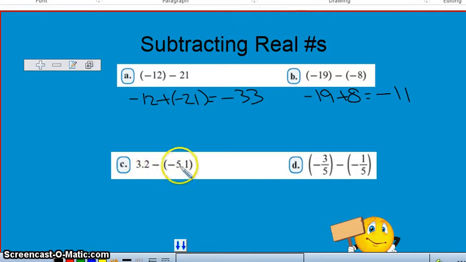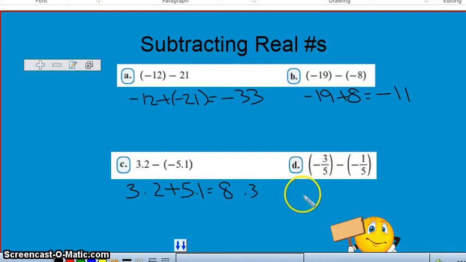Down here, we're subtracting negative 5.1. We can rewrite that as 3.2 plus the inverse of negative 5.1, which is positive 5.1. Here we're adding a positive, and we get a positive 8.3.